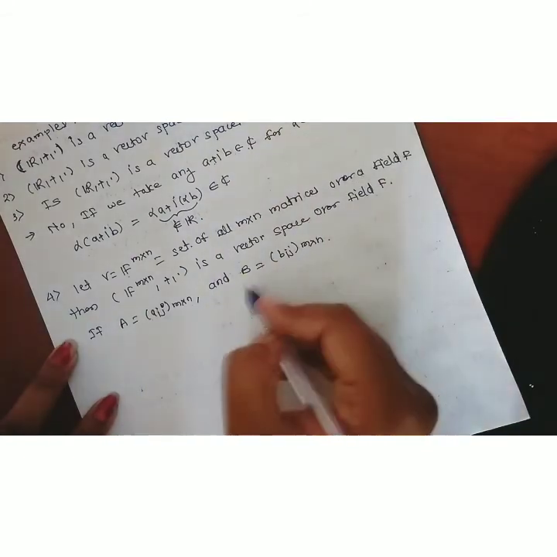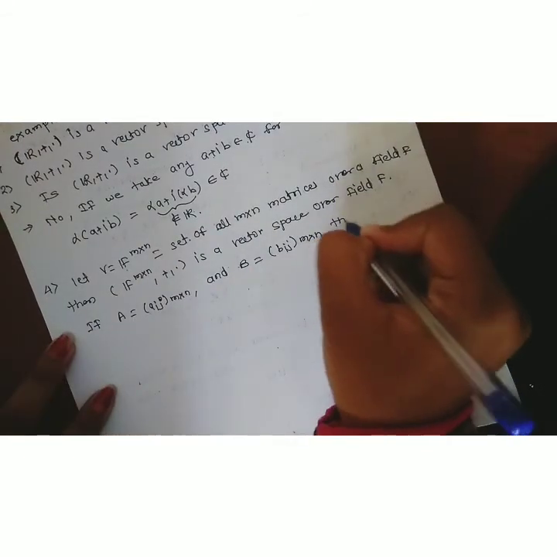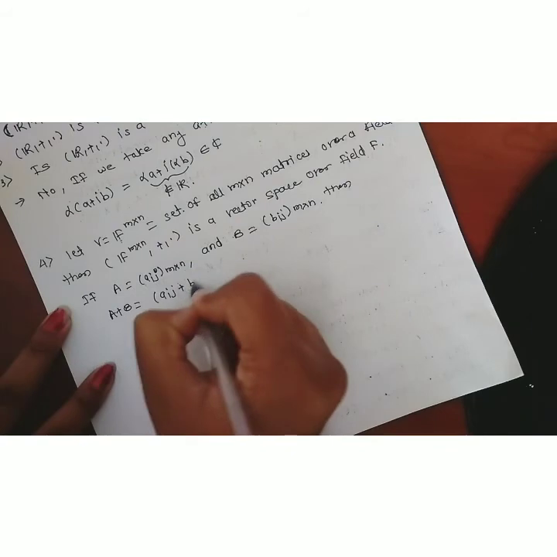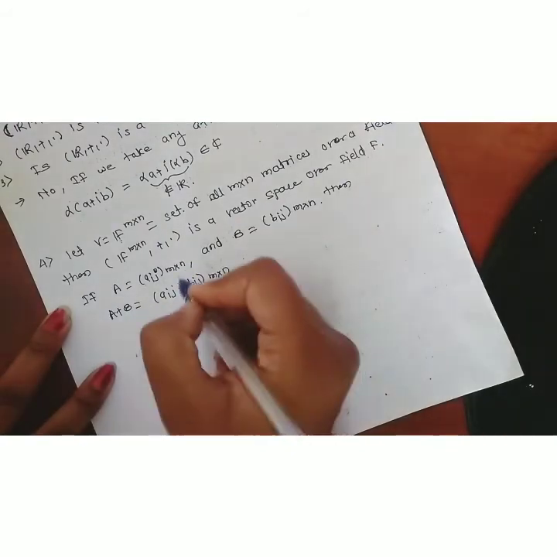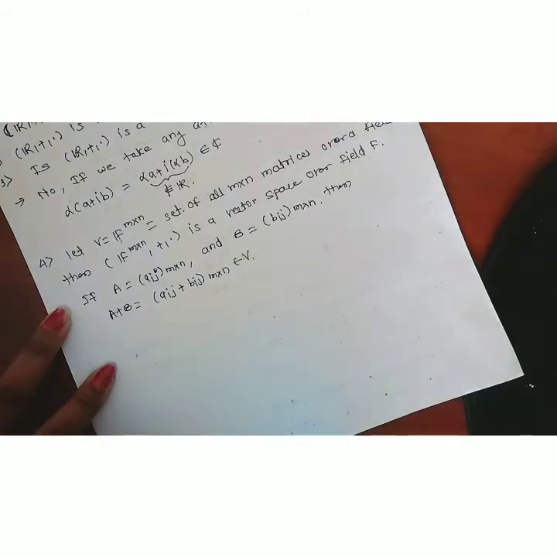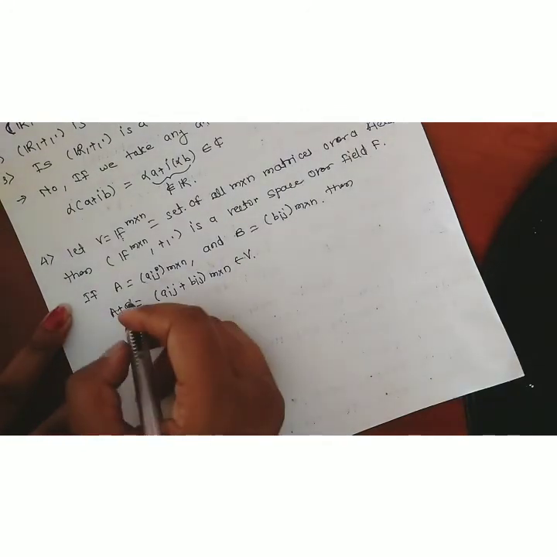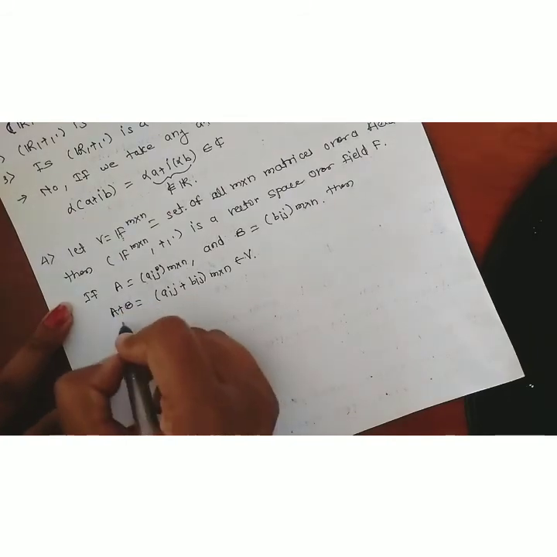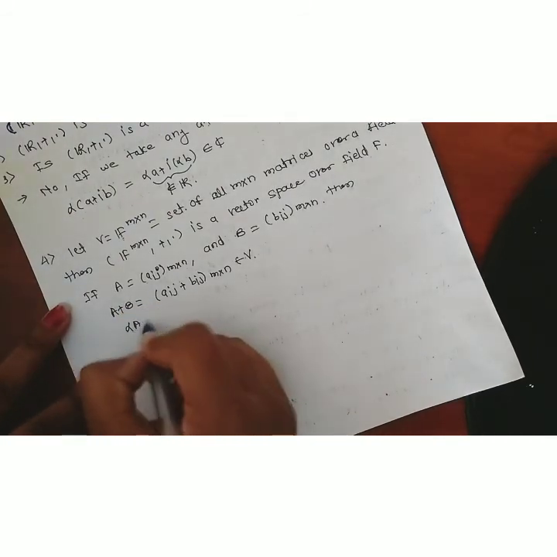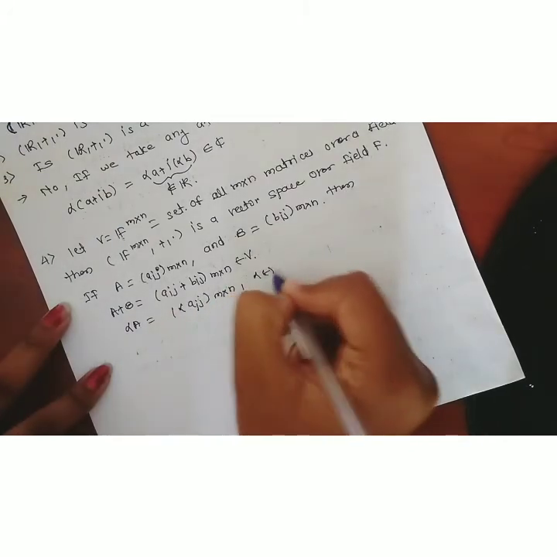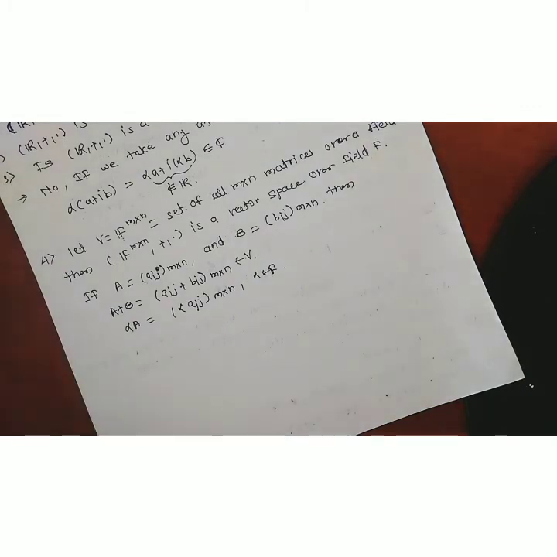If we take any two m cross n matrices over that field, then over that set V, their addition A plus B, which is [Aij plus Bij] m cross n, also belongs to the set V. If we take any two matrices, their addition also belongs to that set V, and alpha times A, which is [alpha Aij] m cross n, also belongs to that set V. Okay, this V is nothing but a vector space over that field.